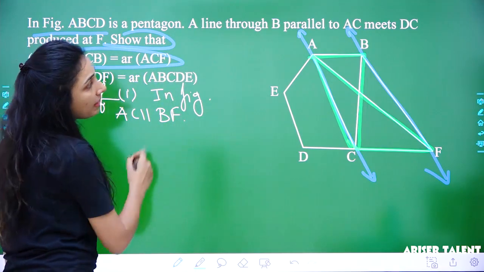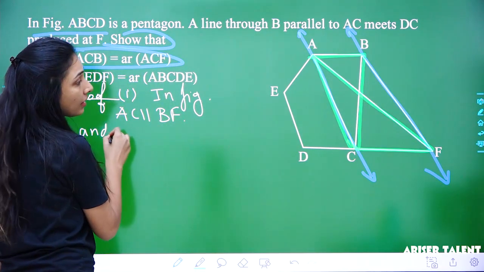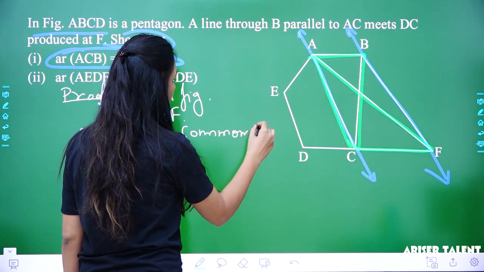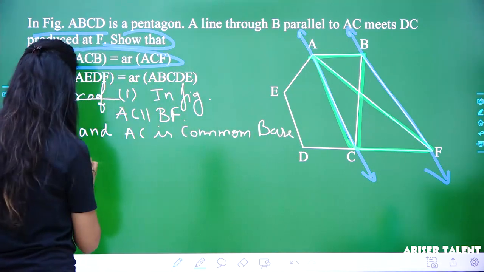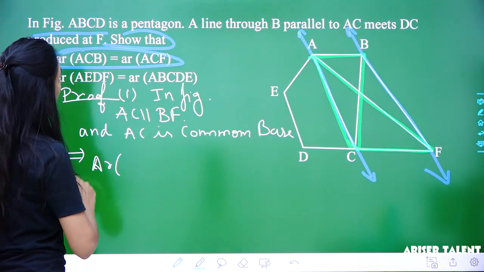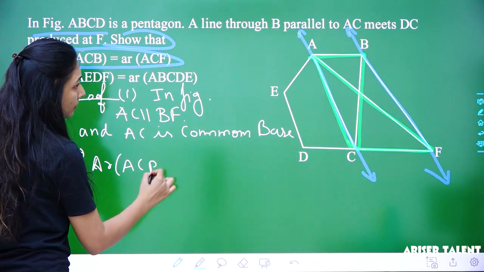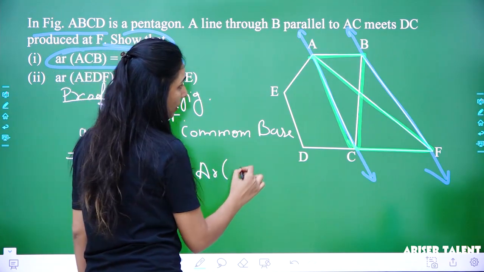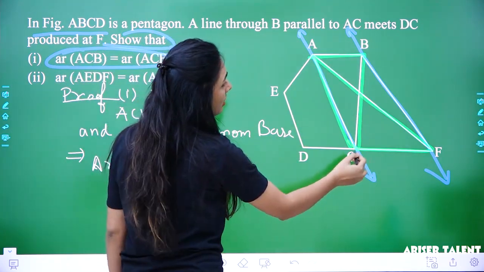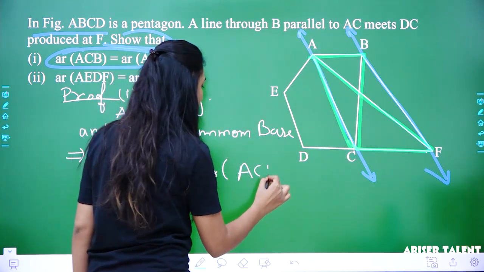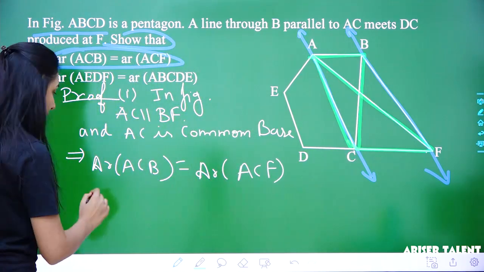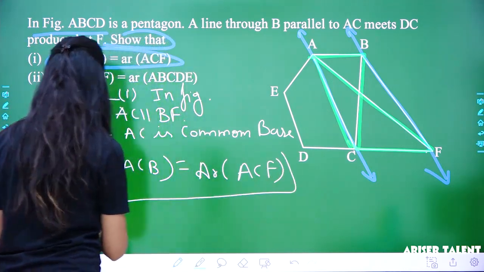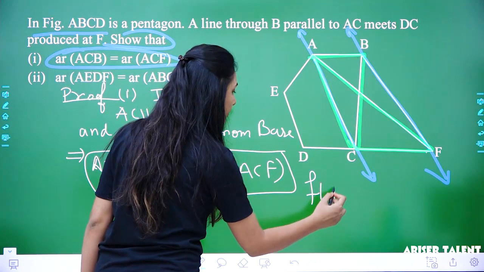So AC is parallel to BF and AC is the common base, which implies that area of ACB will be equal to area of ACF. Why? Because they are between the same parallels having the common base.